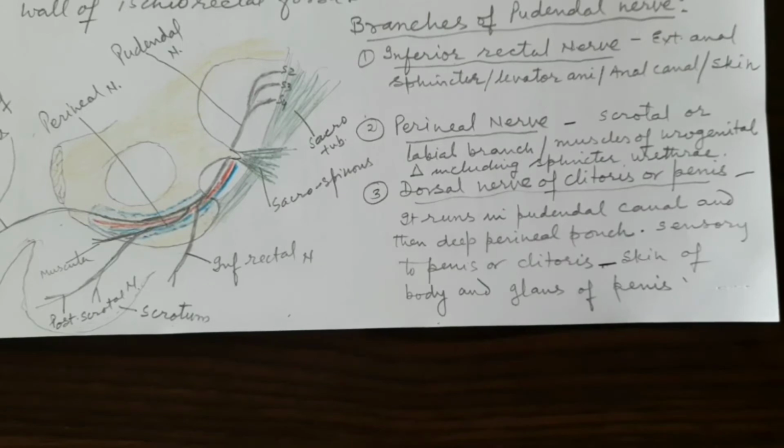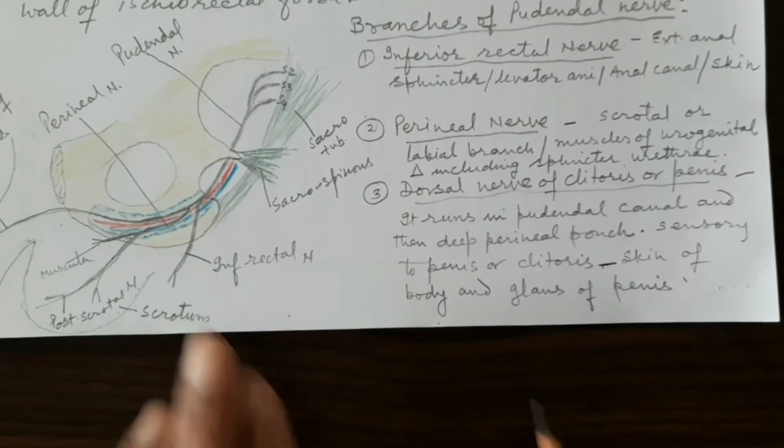The voluntary muscle will be supplied by this inferior rectal nerve. So this is the major source of supply to the external anal sphincter. Then this will also give a branch to the levator ani, which forms the pelvic diaphragm.